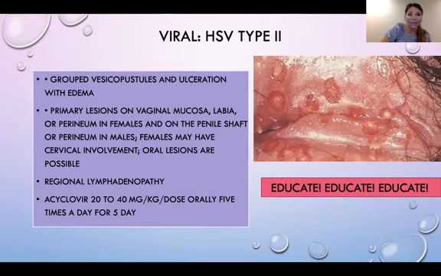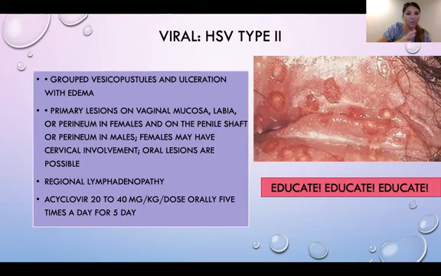I've never seen that, but it can happen. And then also this can be transmitted to oral lesions. So if someone has engaged in oral sex with somebody that has HSV2 lesions on their genitals, then they can develop the HSV2 in their mouth. So just keep that in mind.